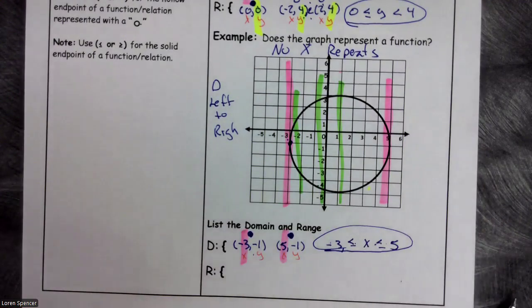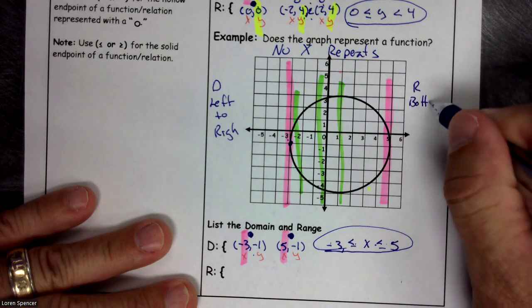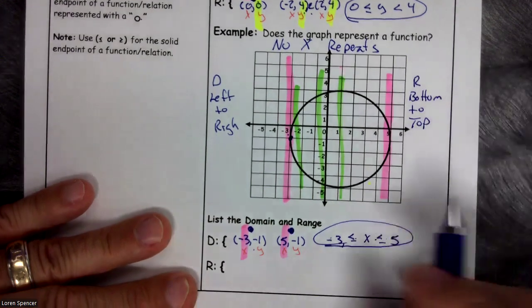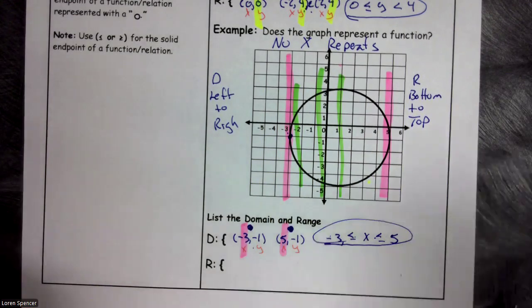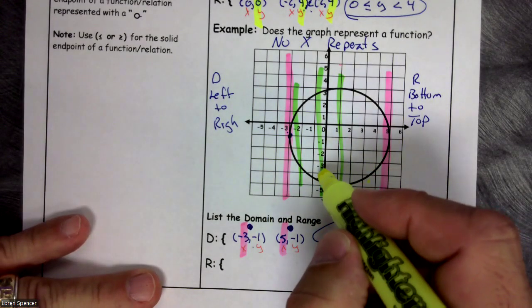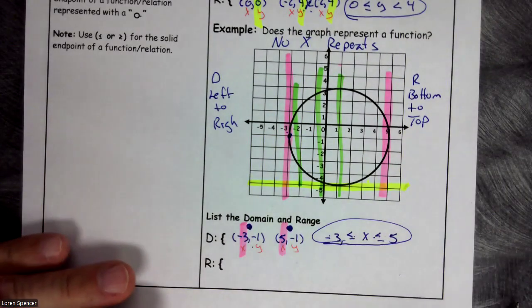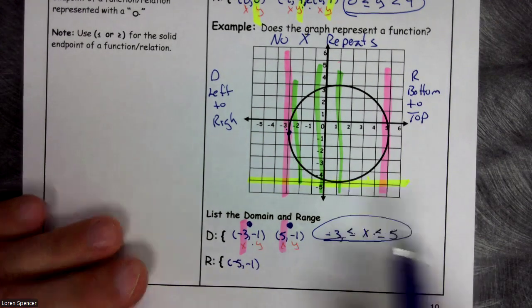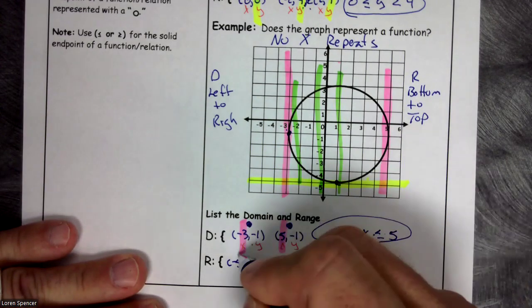All right, range. We start at the bottom, now we go to the top. So what's my lowest value? Looks like my lowest value is at about -5, -1. And my highest value, and by the way, solid line, so that means it gets a solid dot.